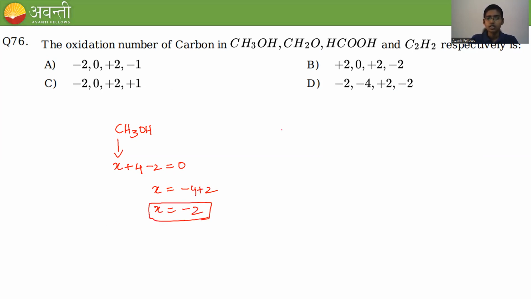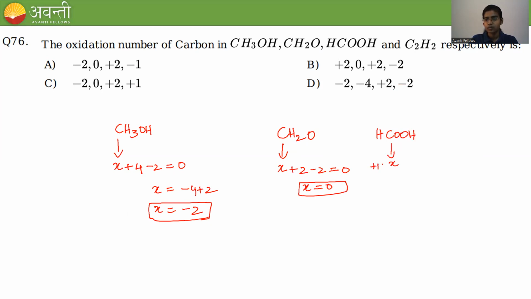Okay. And for CH2O, what is the oxidation state of carbon? Take this carbon as x. And for the 2 hydrogen, put +2. And for oxygen, it is -2. It is equal to 0. So x is equal to -2 plus 2 gets cancelled, so x is equal to 0. And for HCOOH, for carbon, it is taken as x.